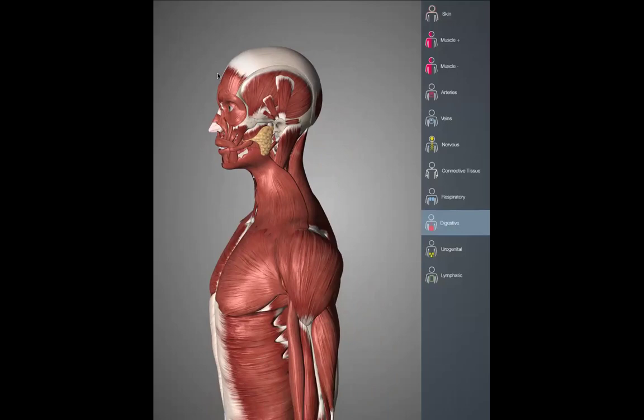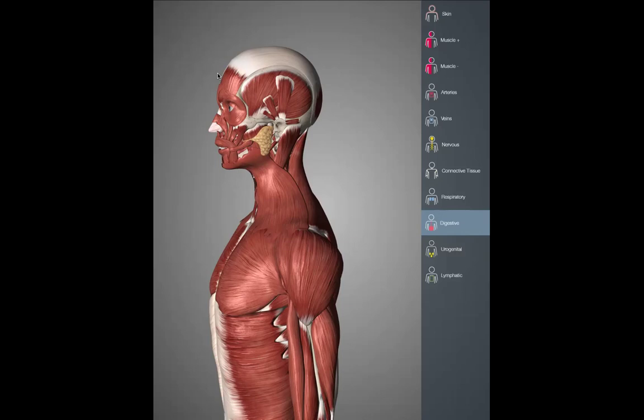It is continuous anteriorly with the hard palate, and posteriorly, it is free, hanging freely.